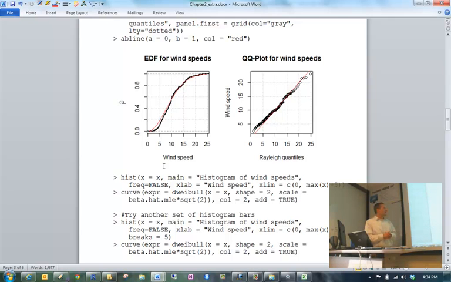So you come home tonight and have dinner, talk to your kids or your significant other, and they ask, what did you learn today? Well, I learned that Lincoln has a Rayleigh distribution for its wind speeds in February. Okay. QQ plot. How do you interpret a QQ plot?